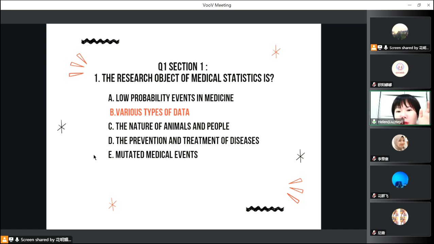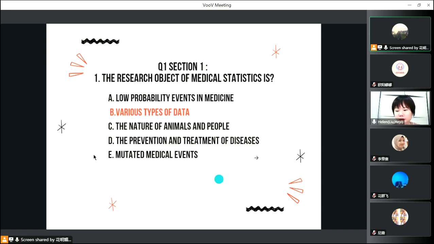So the answer is E, the last one, the mutated medical events. The final purpose or object is the events. And then we count it, we have the data and mutate it and have a conclusion. Okay? Okay, Marsha. Okay.